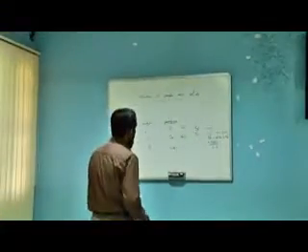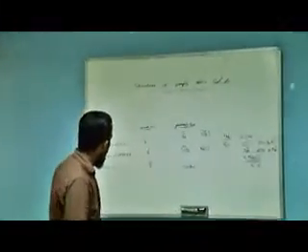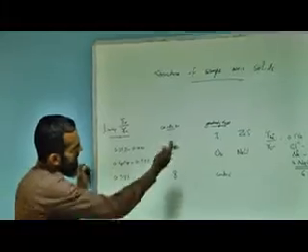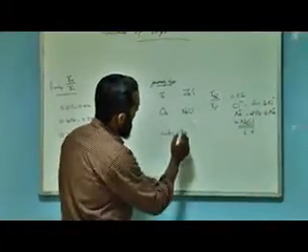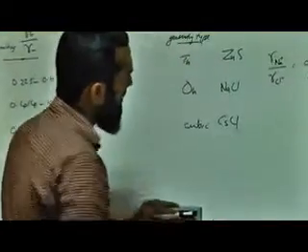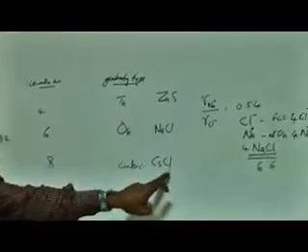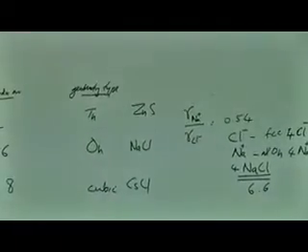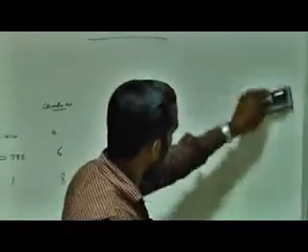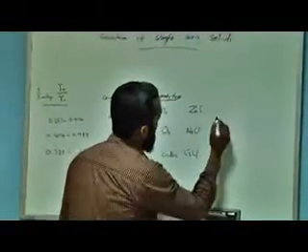Now let us take the last one, that is cubic type of coordination. The example is cesium chloride. Compared to chloride, cesium is not that small, it is almost the size of chloride. So the radius ratio is much larger.